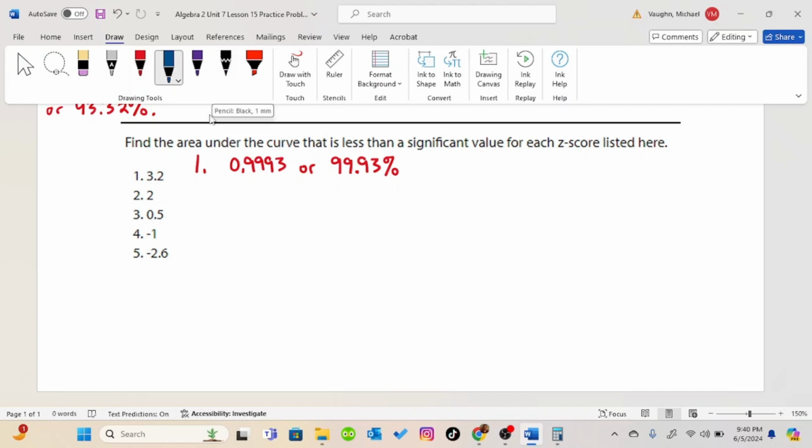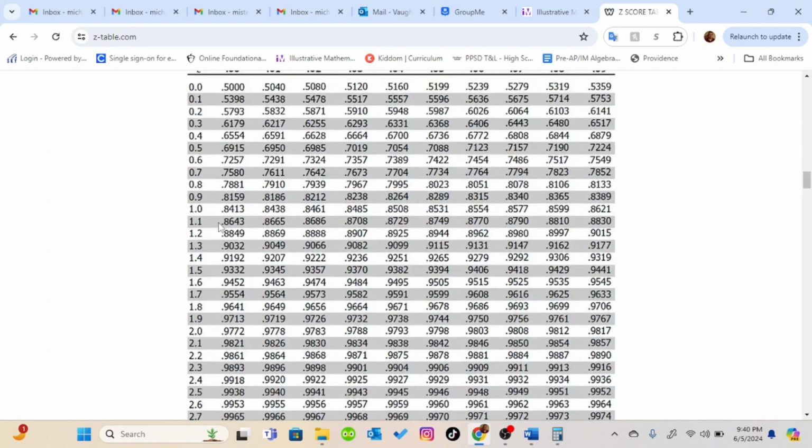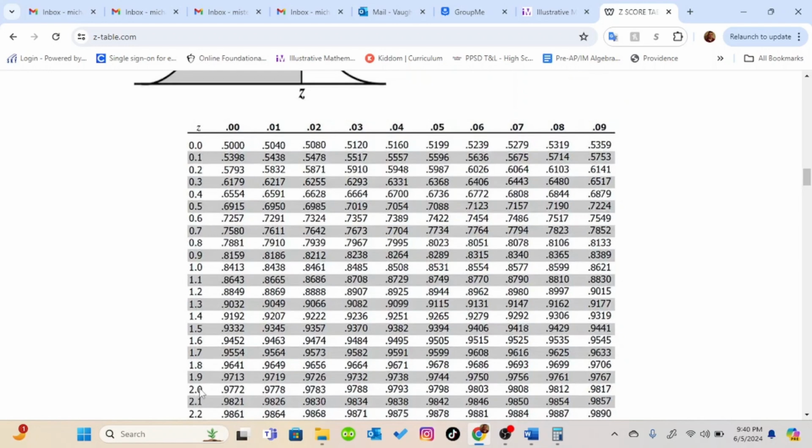Number 2. Now they give us a z-score of 2. We go back to the table. We look in this left-hand column until we find a z-score of 2. And then our first number is 0.9772.